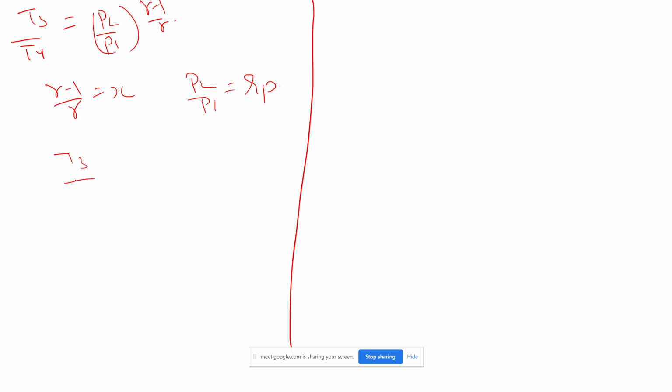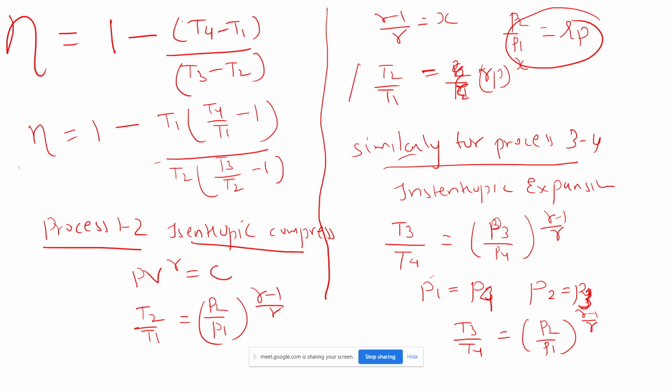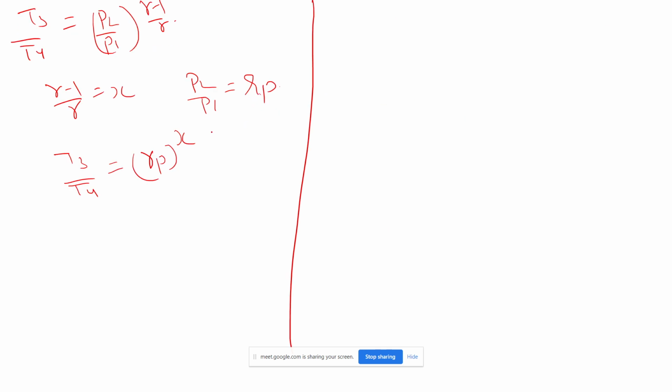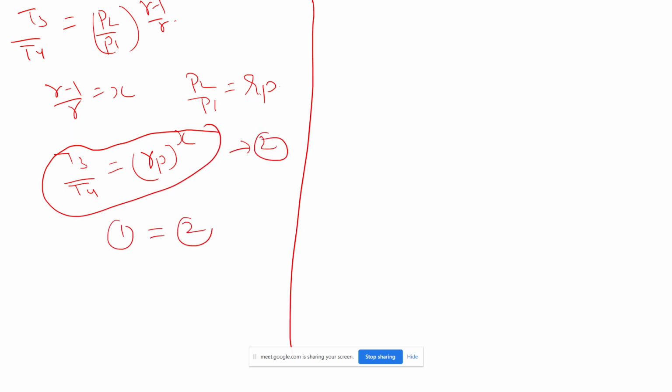Therefore, T3 upon T4 will become RP to the power X. So don't you think this term and this term are both the same? Yes, sir. So we can equate them directly. 1 equals 2. So what we will get? T2 upon T1 is equal to T3 upon T4. So we can write T2 T4 is equal to T1 T3.